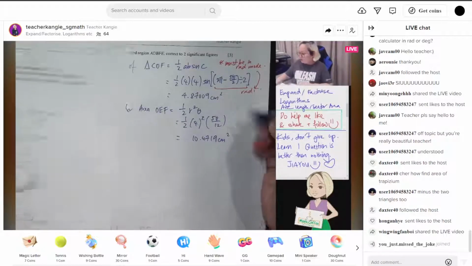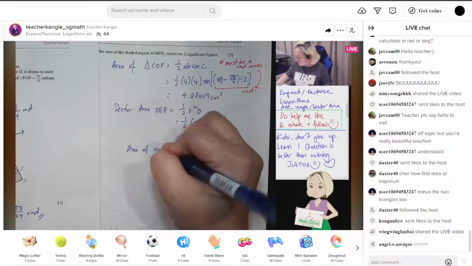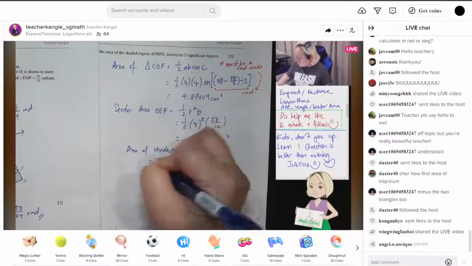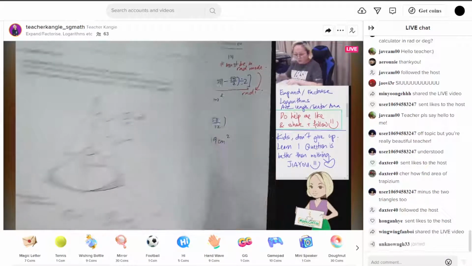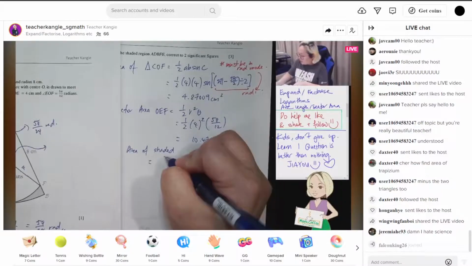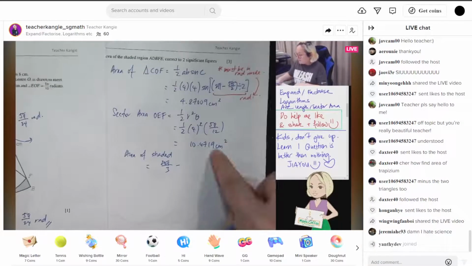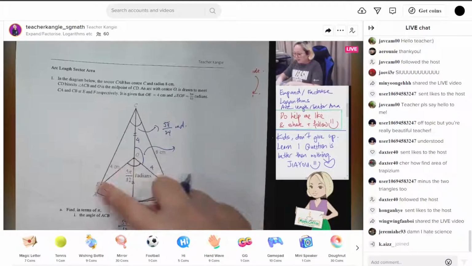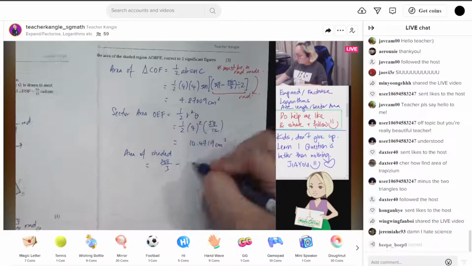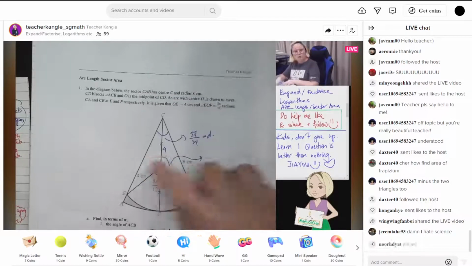So now we are ready to find the area of the shaded. Area of shaded will be equal to the big one, which we already have, 20 pi over 3, minus the sector 10.4719, minus 2 of the triangle.